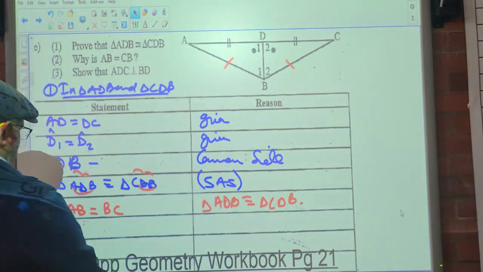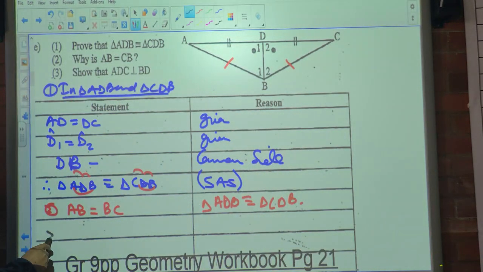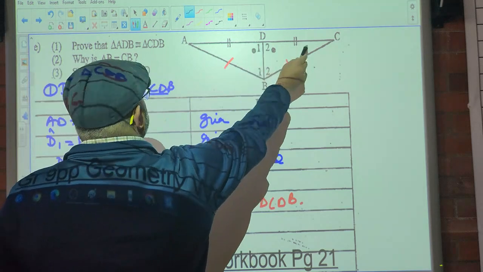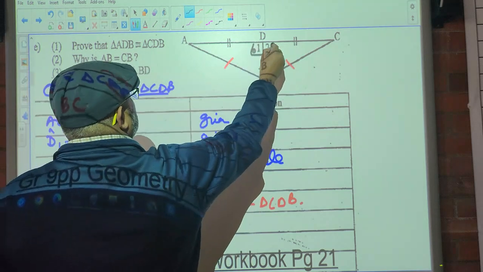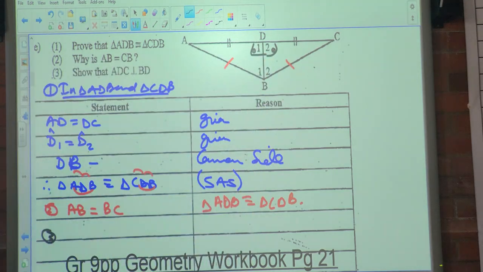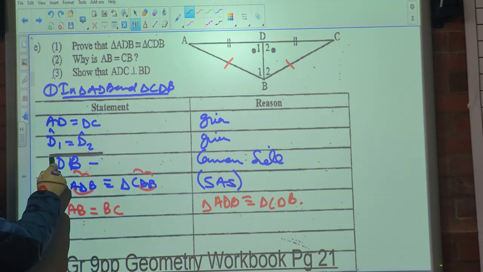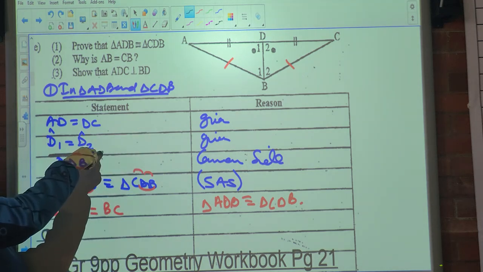Okay. Then number 3, I'll show that ADC is perpendicular, which means to say that it is 90 degrees in other words. But we already said that D1 and D2 is equal, not so. Why are they equal?